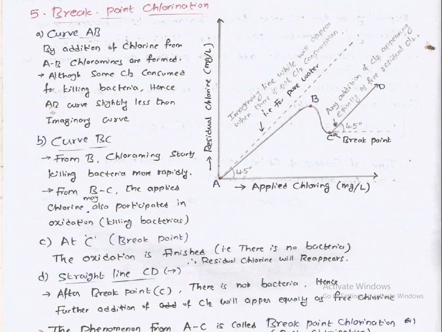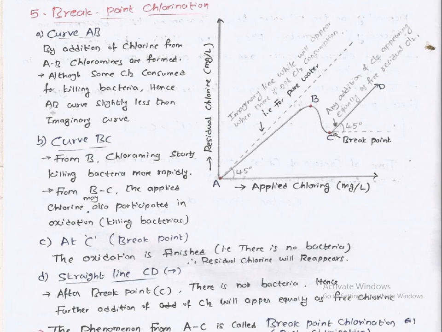From B to C, chlorine may also participate in oxidation, killing bacteria. At C, the breakpoint, the oxidation is finished. That is, there is no bacteria. Therefore, residual chlorine will reappear.